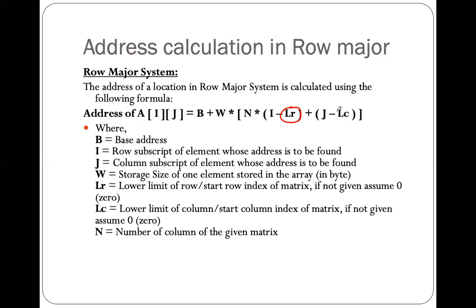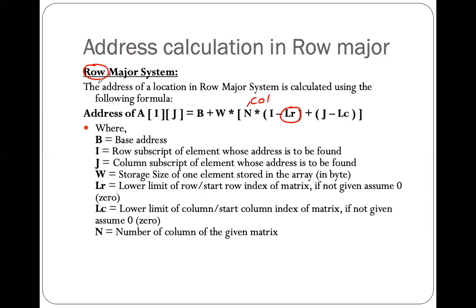Okay. So here, what we have taken? The base address. W is the representation for width, and N is for the number of columns. If you are calculating for row major representation, here we take the columns.